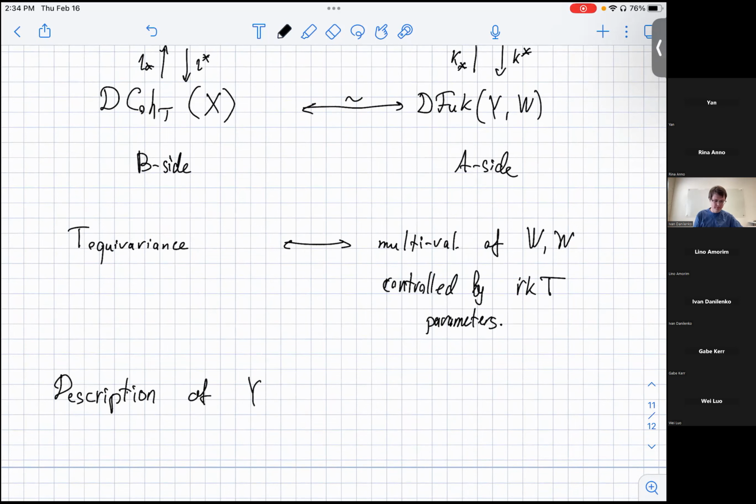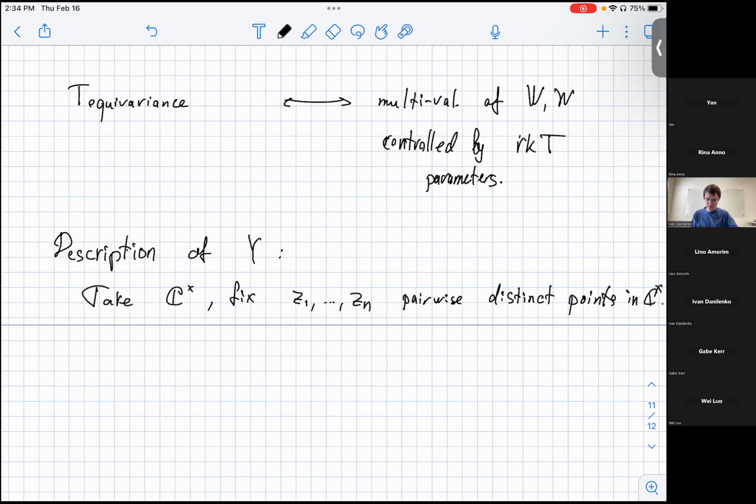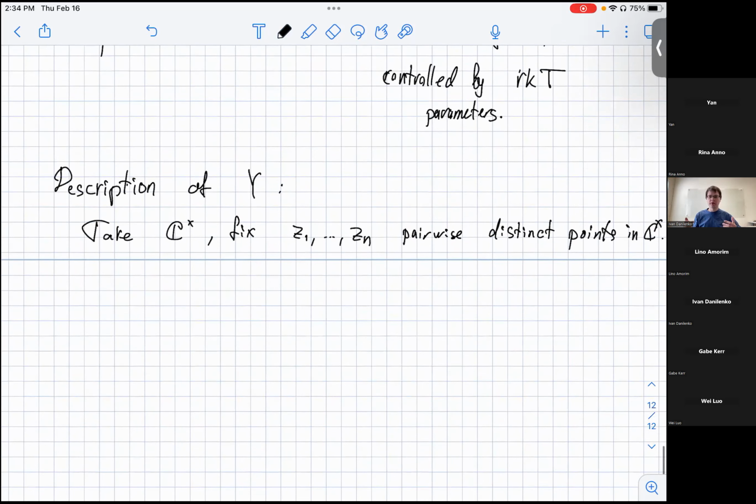Okay, so let me go to the description of Y straight. So we take a cylinder, or if you want to think about it, C with the origin removed, and we fix an n-tuple of pairwise distinct points, which we think about as punctures on our cylinder.